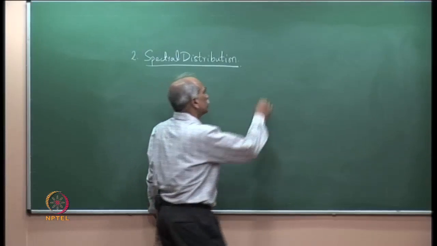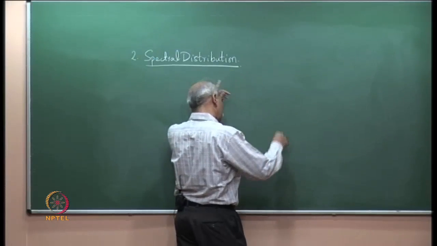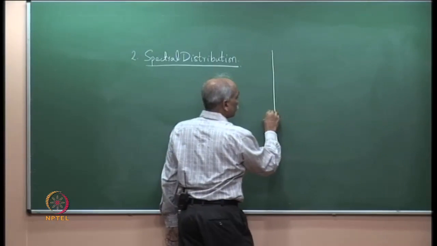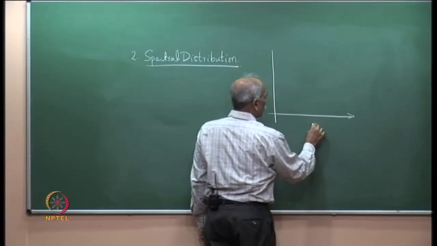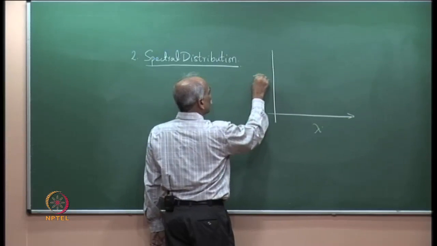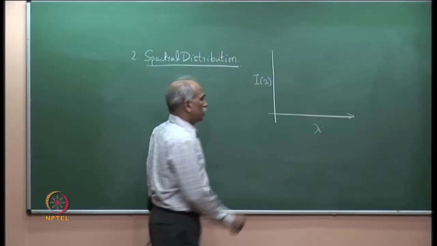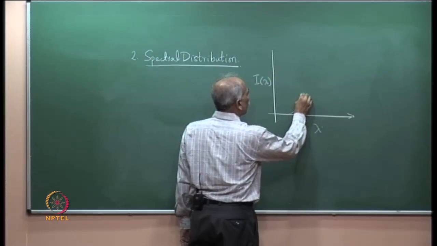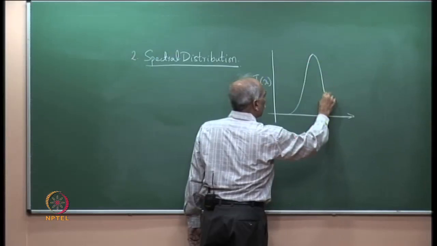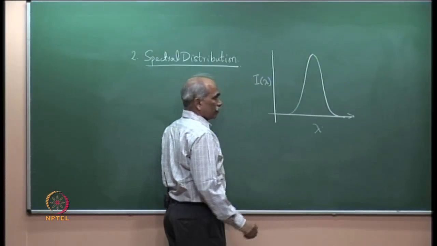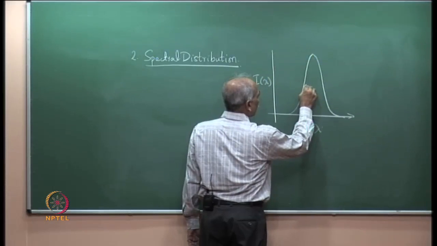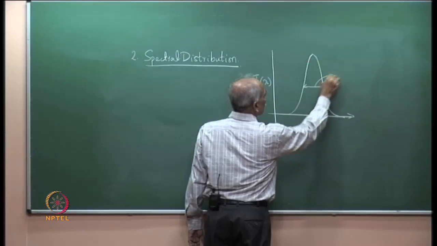For any source, if you plot the intensity distribution, you generally see that it has a finite width, the full width at half maximum, FWHM.